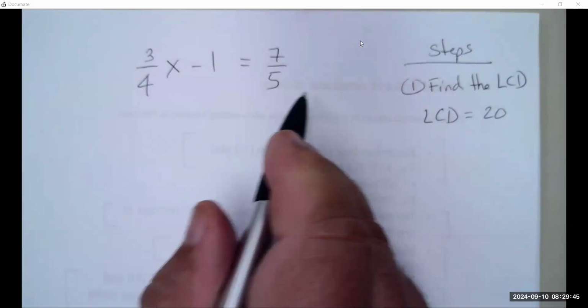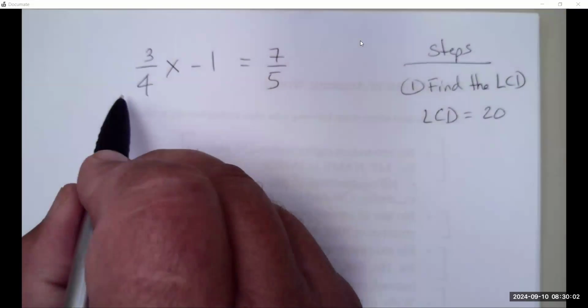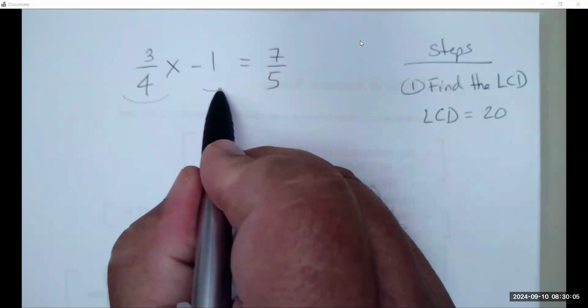Okay, before going any further, how many terms do we have? We have how many? 3. A term is anything separated by a plus, minus, or equals. There's 1 term, 2 terms, 3 terms.